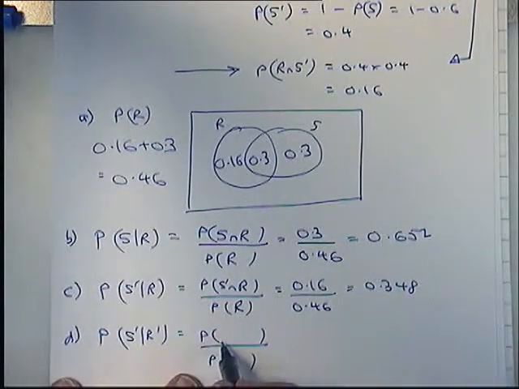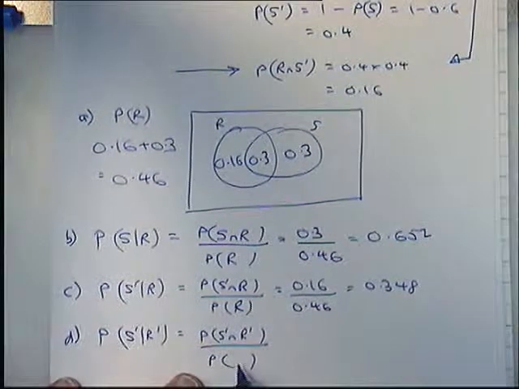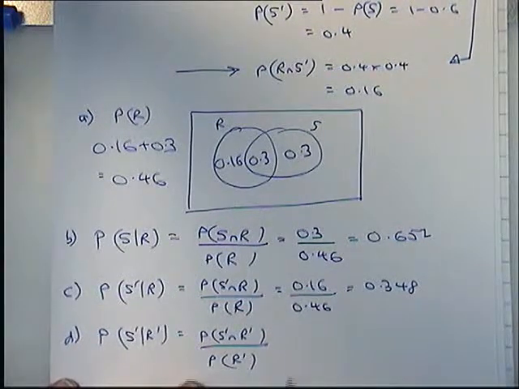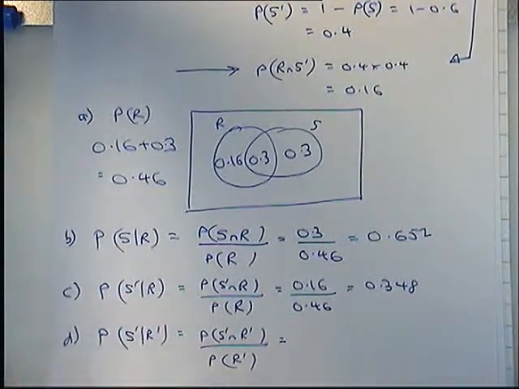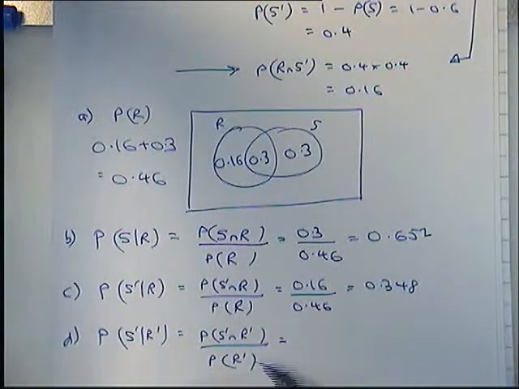So probably not S, intersect not R, over not R. Yeah, that's right. Not S and not R. What bit of my Venn diagram is not S and not R? It's the outside bit, which I haven't actually got a number in yet.